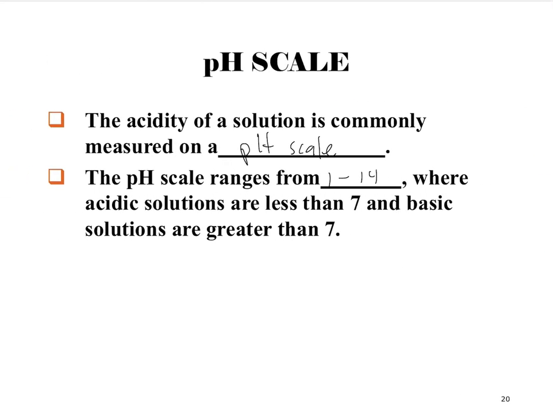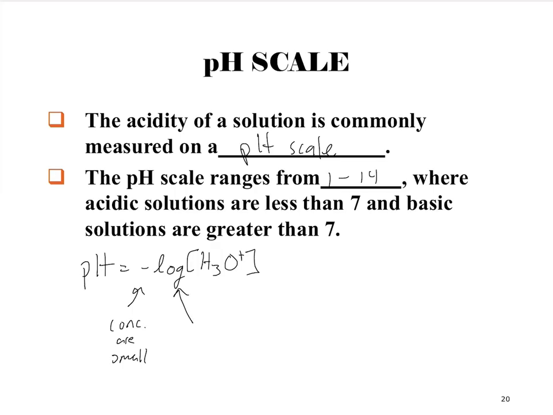So how the pH scale works is that pH is defined as the minus logarithm of the concentration of H3O plus. Remember, logarithm was one of those mathematical operations we talked about earlier in the semester. We have this negative sign because concentrations are small.